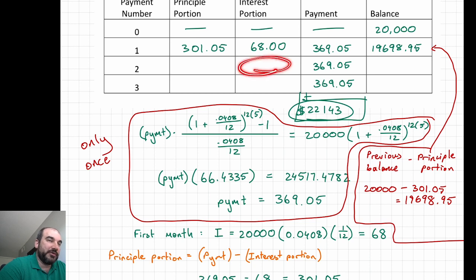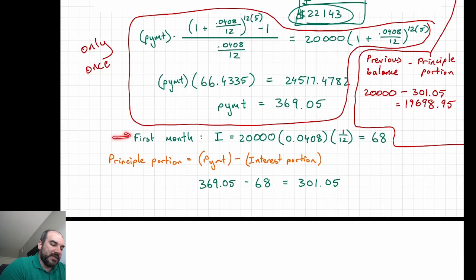And then once you have your interest portion, you can use your payment and the interest portion to find the principal portion. And then you can use the previous balance and the principal portion to find the new balance. Okay, so that part, this interest calculation, this principal portion calculation, and this new balance calculation, is going to be done for each row of the table.